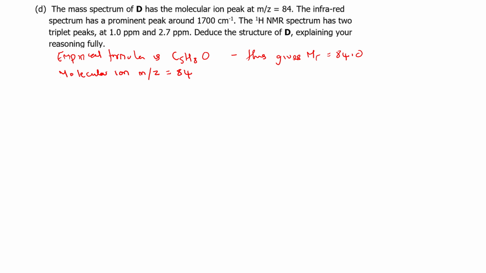So that's what we needed to know. So this means that the actual Mr was 84, and therefore that means that the empirical formula is the same as the molecular formula.